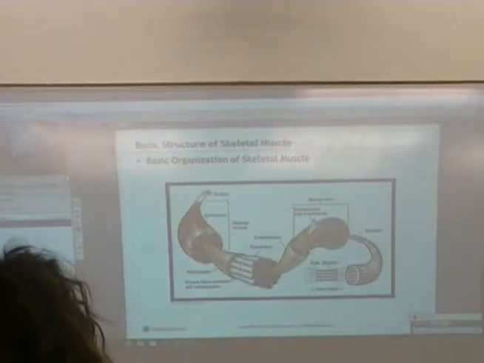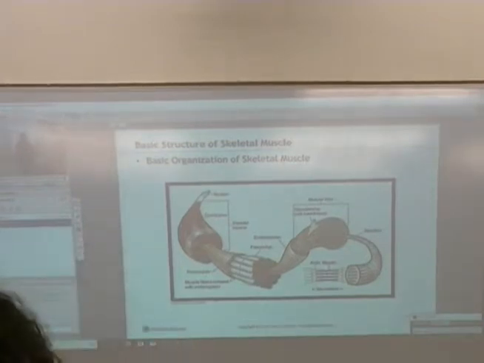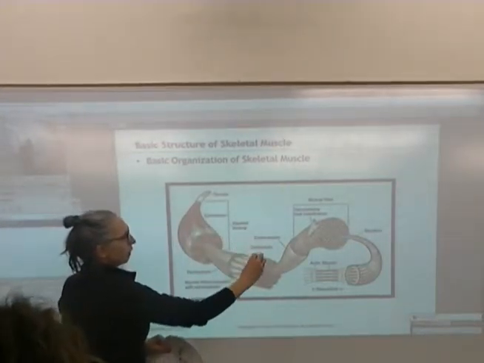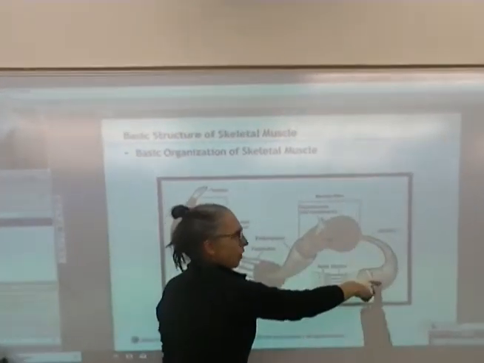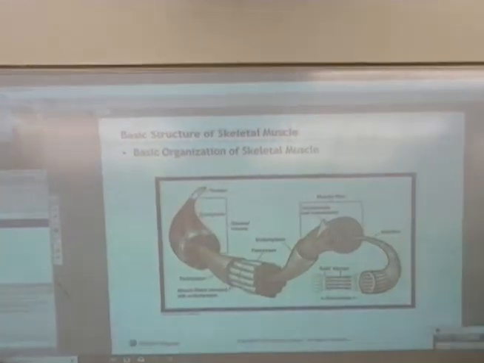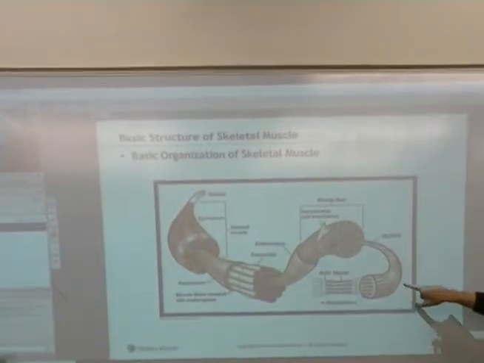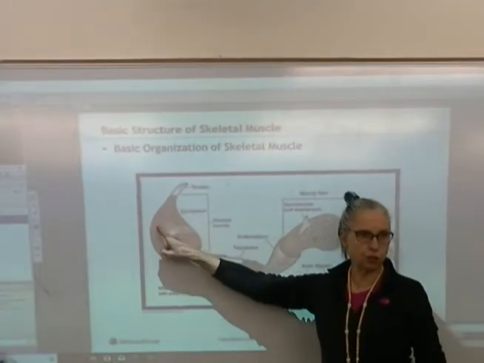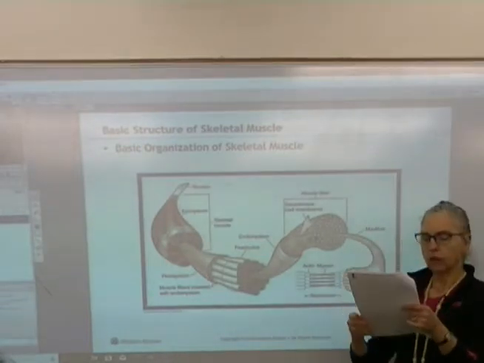All right, so this diagram takes a whole muscle and then goes down layer by layer, all right? And we end up with a myofibril, which is a muscle cell. So at each layer, we have a wrapping of connective tissue that holds that particular bundle together.